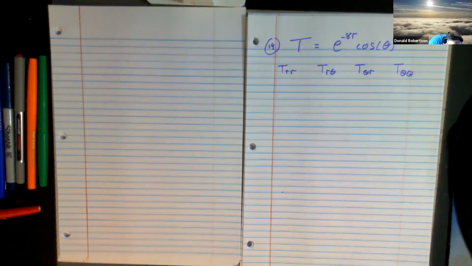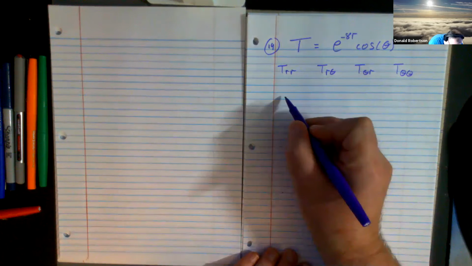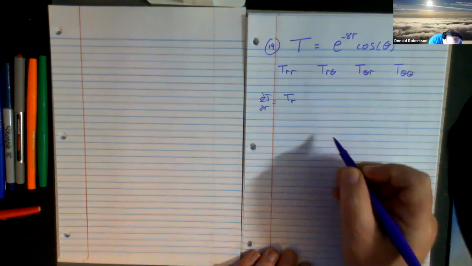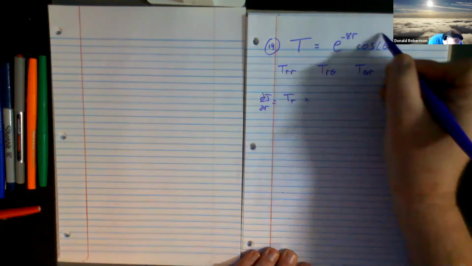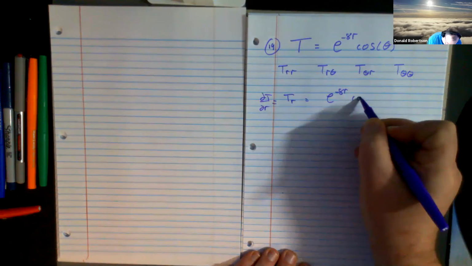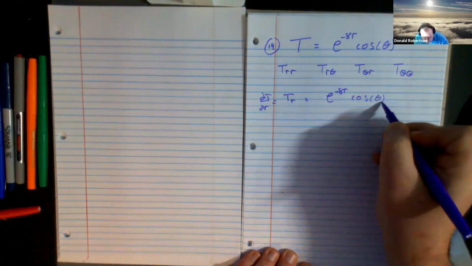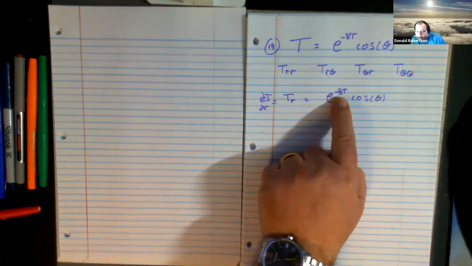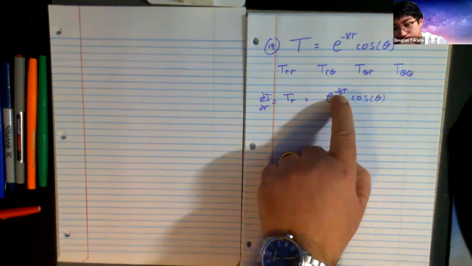So I'm going to start by finding that guy. Another way of writing that guy is this. Well, if you differentiate this with respect to r, you get e to the negative 8r cosine theta, right? Because it's multiplied, it's still there. And times what else? What's missing from this derivative? Negative 8. Right, so I'll stick it at the front.